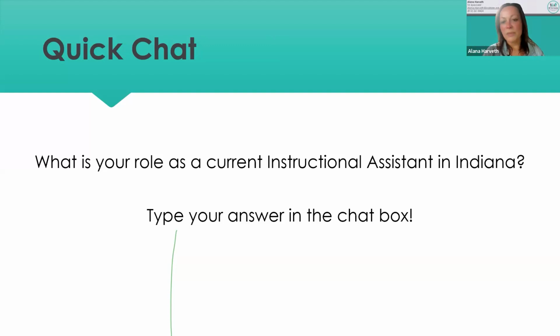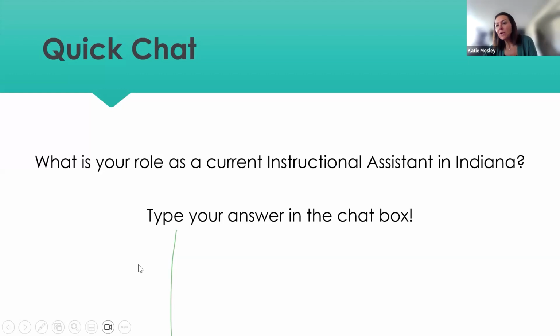So Katie, I'm going to let you read those off for me. Yeah, for sure. So we have one who's a blind, low vision instructional assistant, which is rare to have. That's awesome. Math interventions, some push in and pull out support, resource support, algebra IA, and then just general support within the classroom.